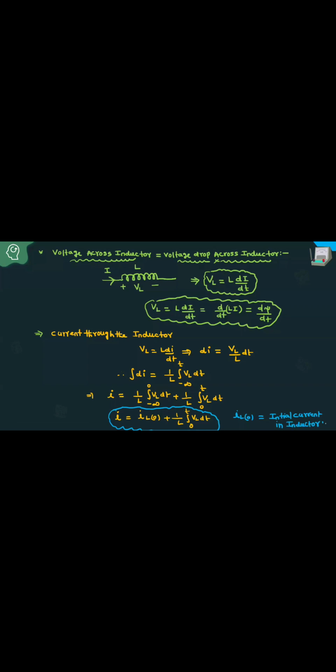If the initial current in the inductor is 0, then how can you write the current through the inductor?